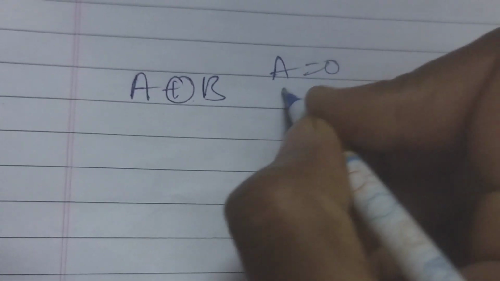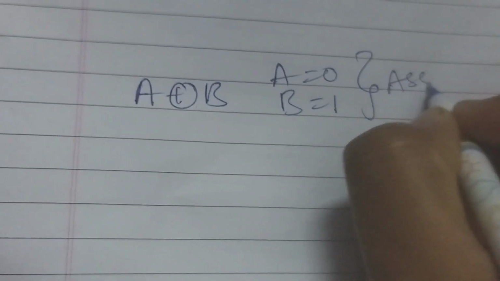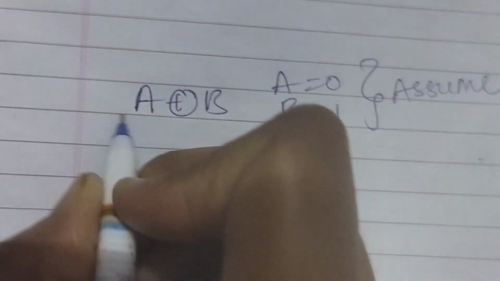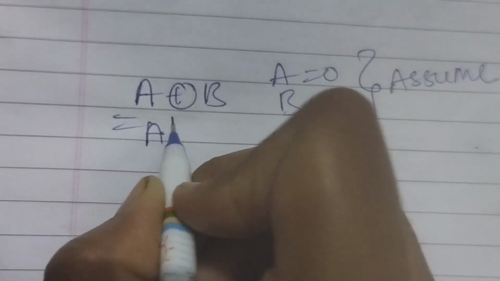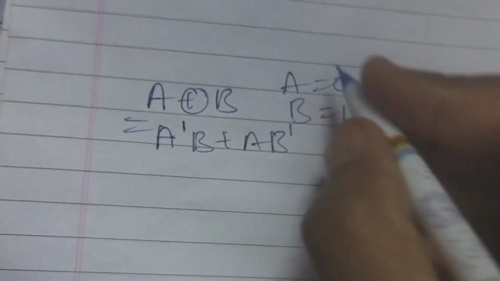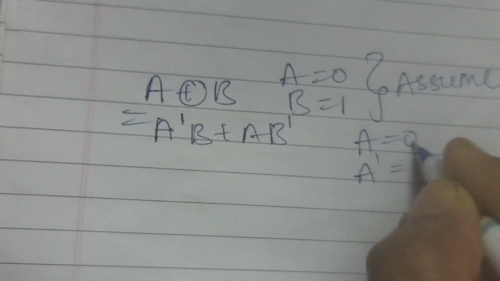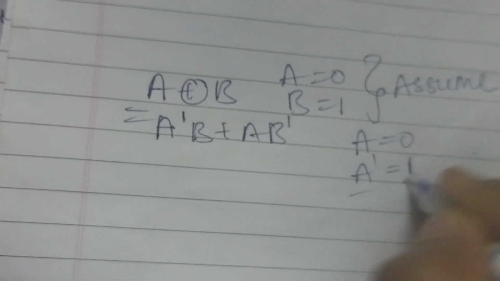For example, A exclusive OR B, where the A value is 0 and the B value is 1. We need to assume the values. We have one formula: A dash B plus A B dash. When A equals 0, the A dash value, the opposite of 0, is 1.